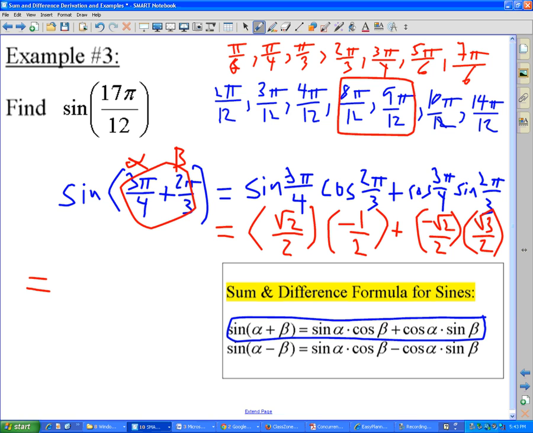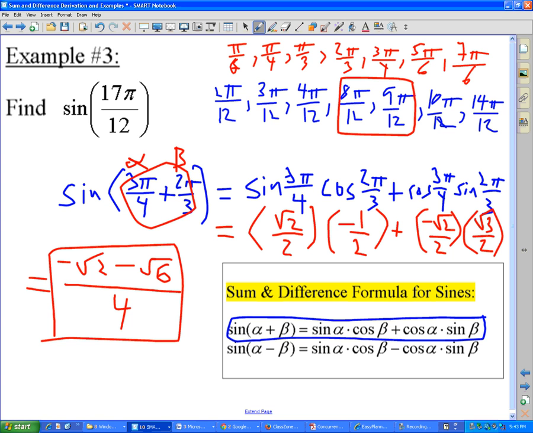This answer is negative root 2, plus a negative root 6, so negative root 6 minus root 2, all over 4. This smartboard hates writing 6s, I've noticed that. I have to go really slow. And once again, very similar to the last couple answers, but that's how these problems work out.